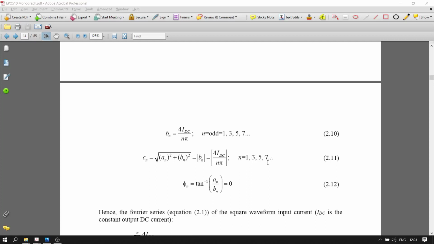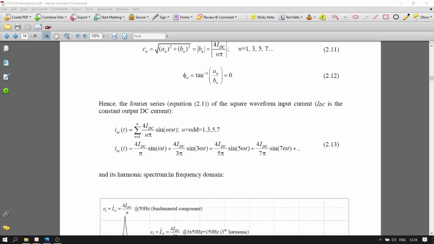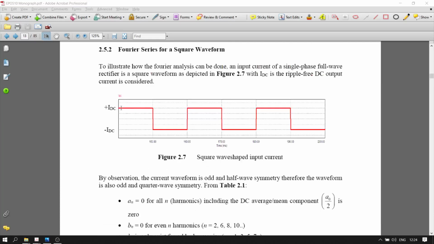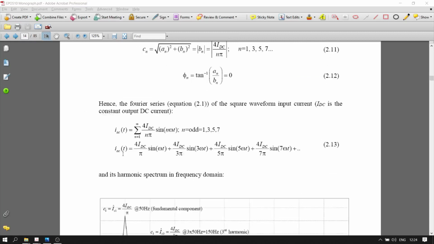And therefore you have this phi n, the angle, which could be tangent An over Bn, which also equals 0 because An is 0. And the Fourier series representation of that square waveform, this is the current waveform, and that's why you have this IAC.